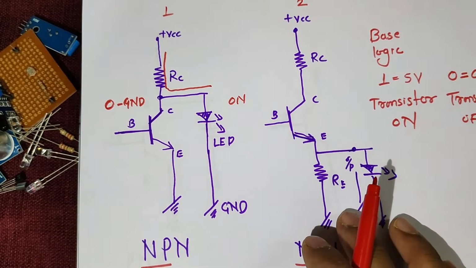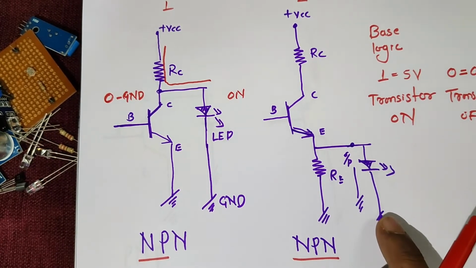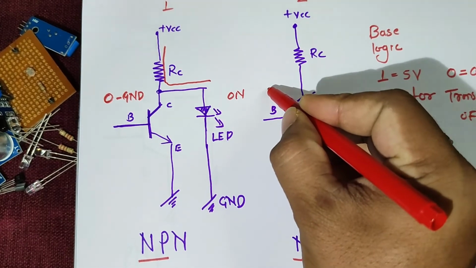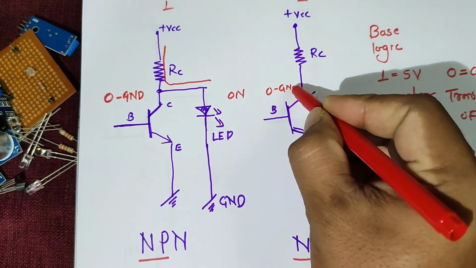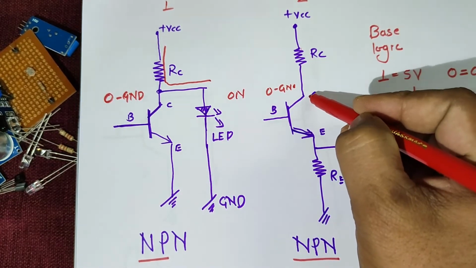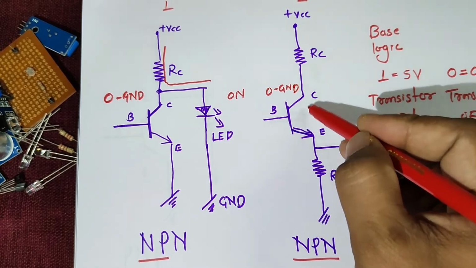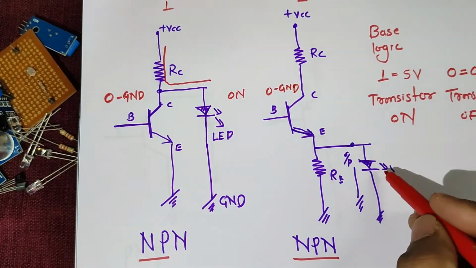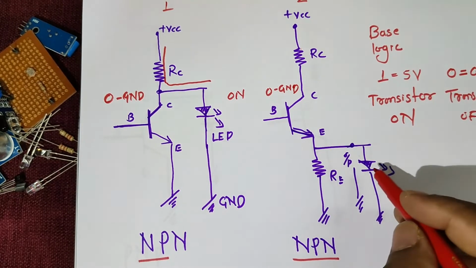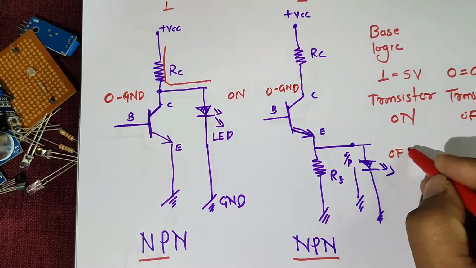Now if we take the same condition, but the output is taken with respect to the emitter and ground, and I apply a base of 0 potential, whatever current is going to flow from collector to emitter is blocked, as the transistor is off. There is no flow of charge through the emitter, hence there will be no current at the output of the emitter. So in this case the output is off.